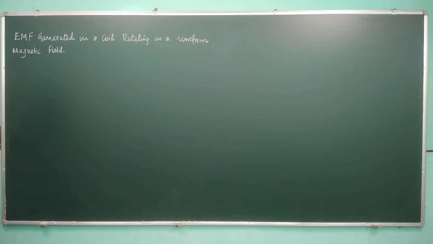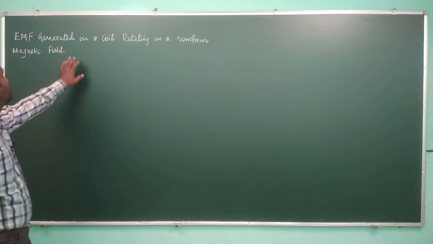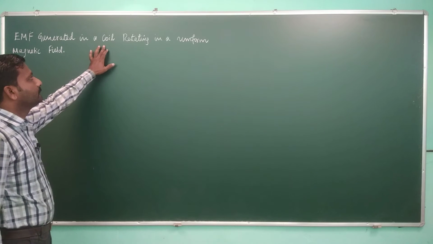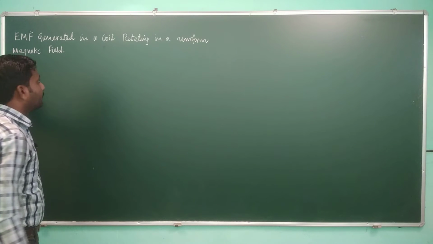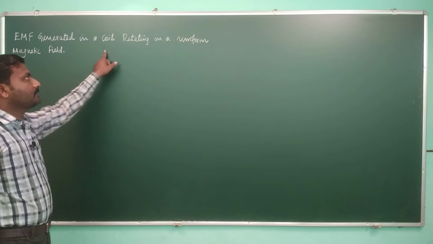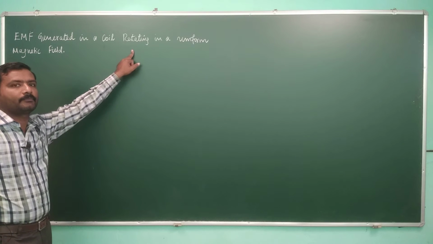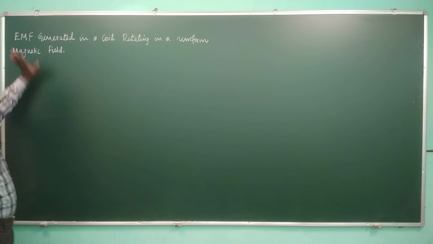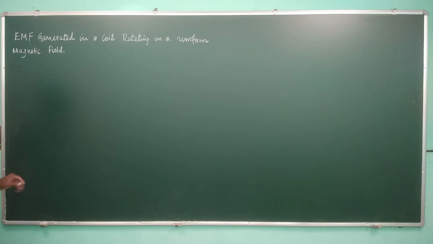As the title reads, we are going to place a coil in a uniform magnetic field, and this coil is made to rotate. The title says some electromotive force will be generated. Now, we are going to deduce a simple expression for the EMF.